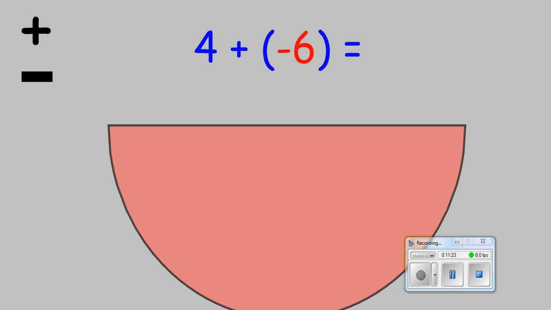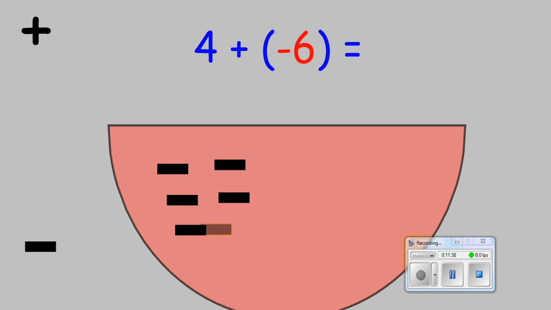Now what happens here when one number is a negative and the other number is a positive? We're going to go ahead and move in our 6 negatives. 1, 2, 3, 4, 5, 6. And we're going to move in our 4 positives. 3, 4.